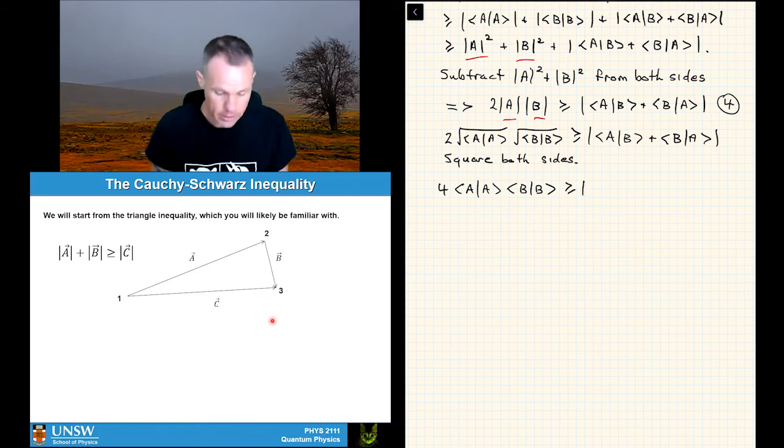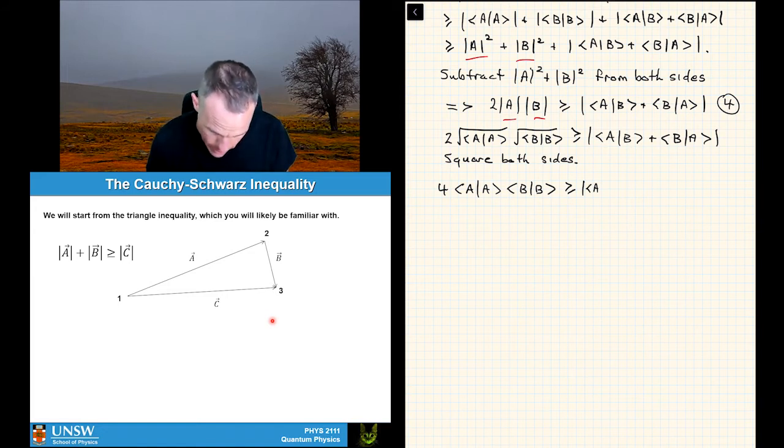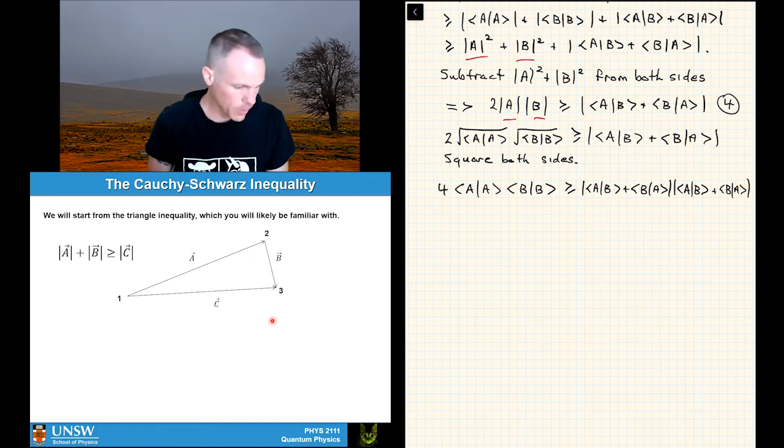So the square on the right-hand side will now be, hang on, let me just get the angle bracket there, (a,b) plus (b,a), times (a,b) plus (b,a), like so, okay?